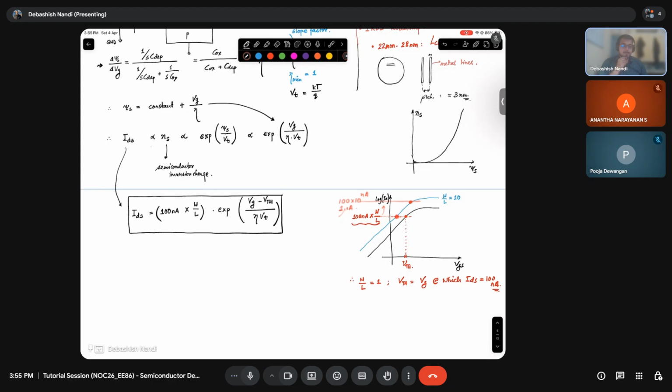Is it okay? Just put Vg equal to Vth. What is your IDS? Does it match the definition?